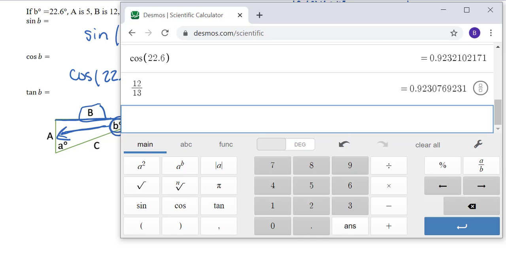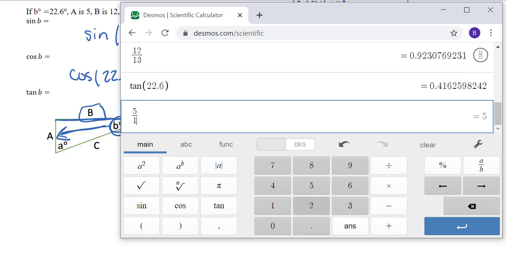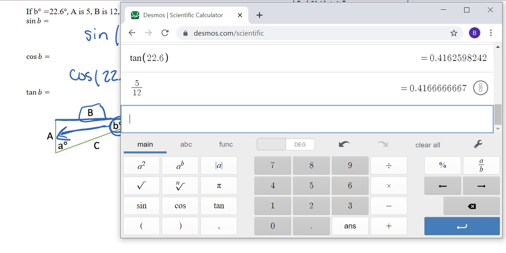So we're doing good here. You can see how this is all working out. And then the tangent of 22.6, what does that equal? It equals 0.416. Then let's go 5 divided by 12, and we get 0.416, and continues on. So you can see how this is all working out.